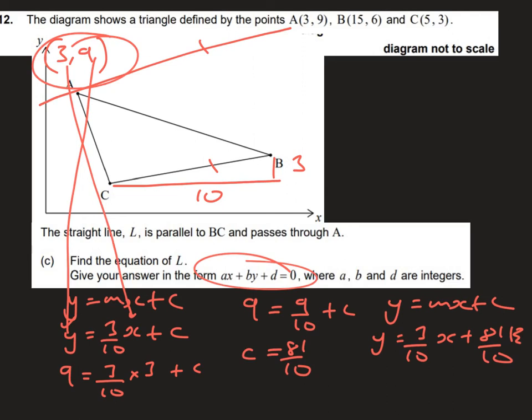So if we multiply through by 10, we're going to end up with 10y equals 3x plus 81. We then want to rearrange, so we're going to collect everything on the same side. So we will have 3x minus 10y plus 81 equals 0.